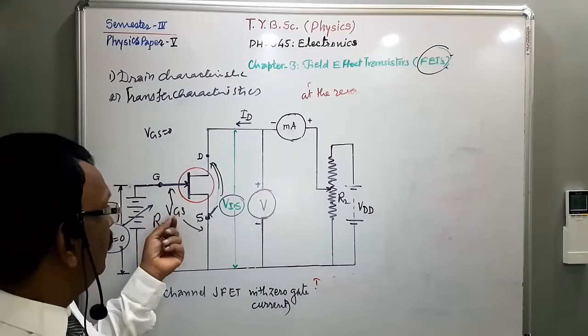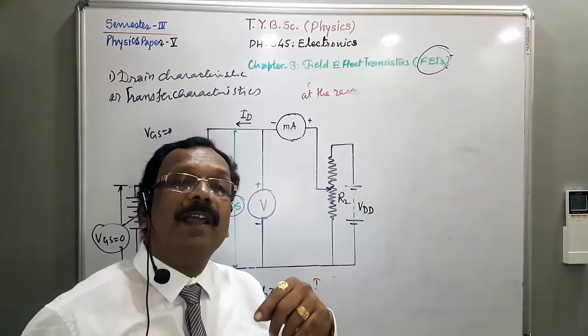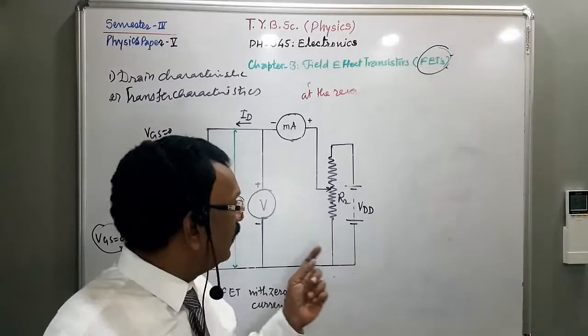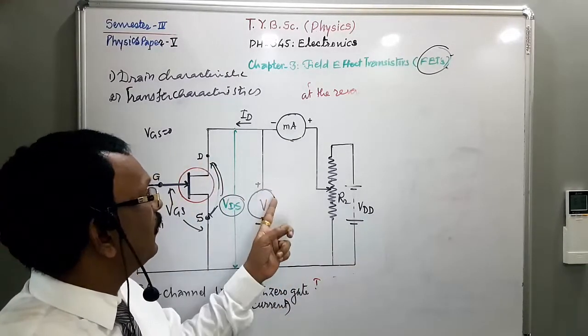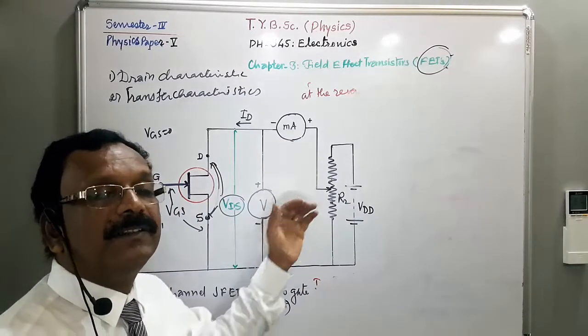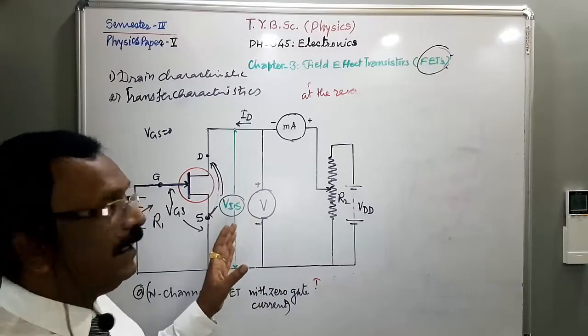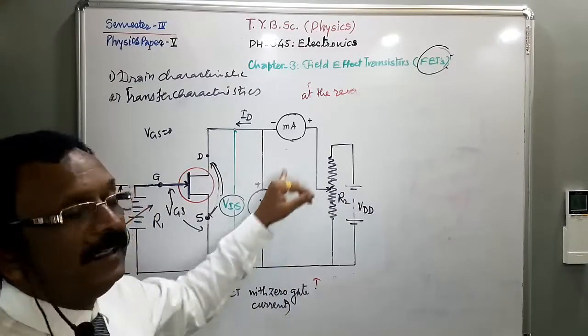Later on, we change VGS by -1 volt, then again take readings of ID with respect to different VDS, giving the second plot. In this way, we obtain the characteristics keeping VGS constant and taking the readings.